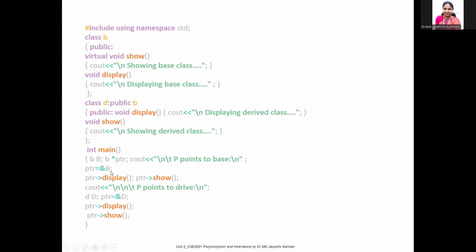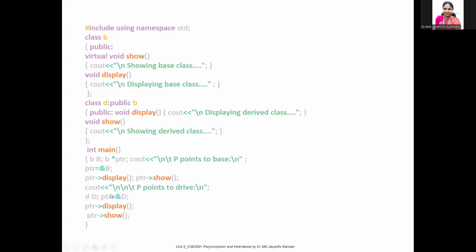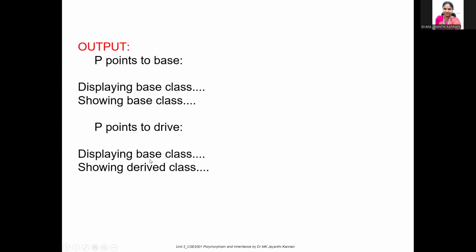The same program with a modified version. So what output will it display? Initially, the pointer points to the base class, displaying the base class because the object belongs to the base class. In the derived class, the object belongs to the derived class. So it will display 'displaying the base class' and 'showing the derived class'.